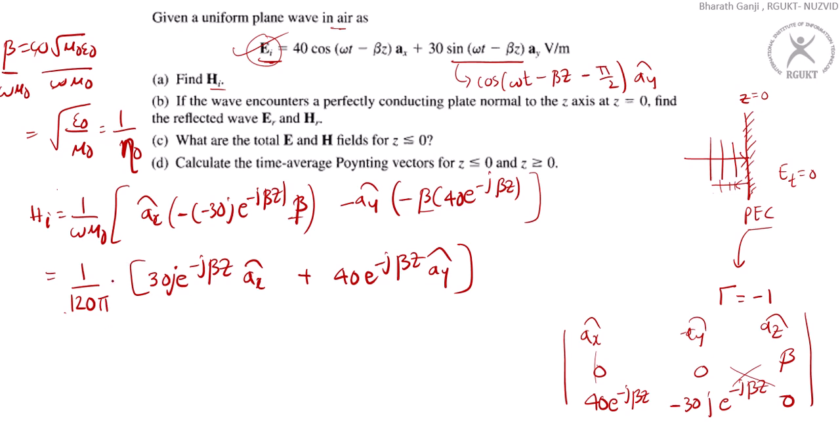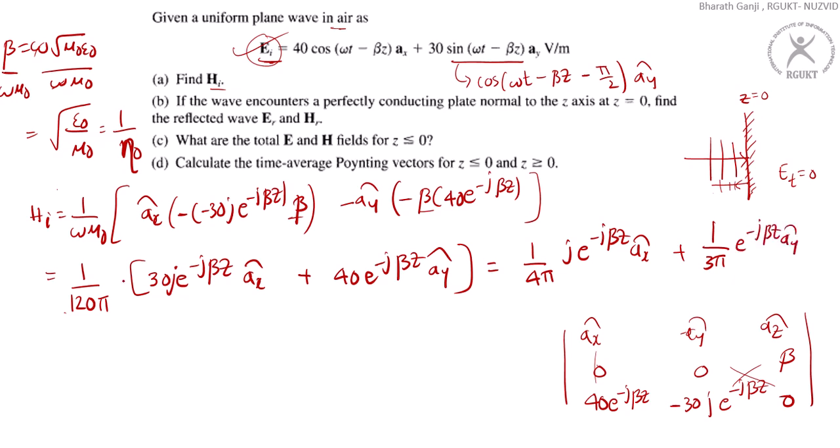If I cancel this out, I get 1 by 4 pi times j times e power minus j beta z ax cap plus 1 by 3 pi times e power minus j beta z ay cap.